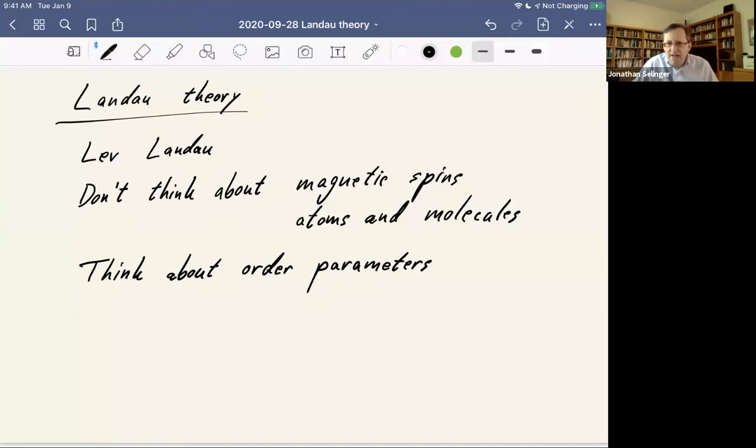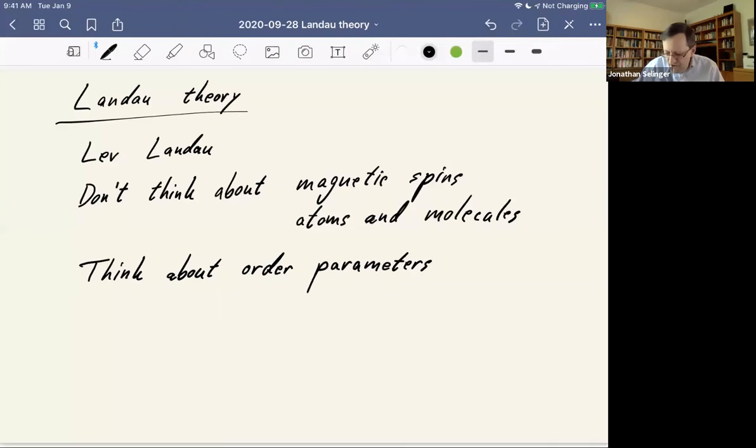Right? And you might think we can't figure out anything about the world, right? If we don't know what the world is made of. But remarkably, we can.